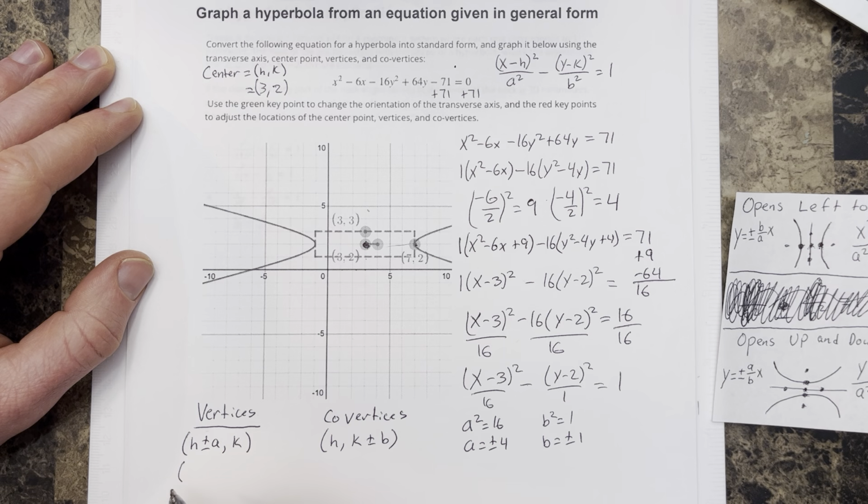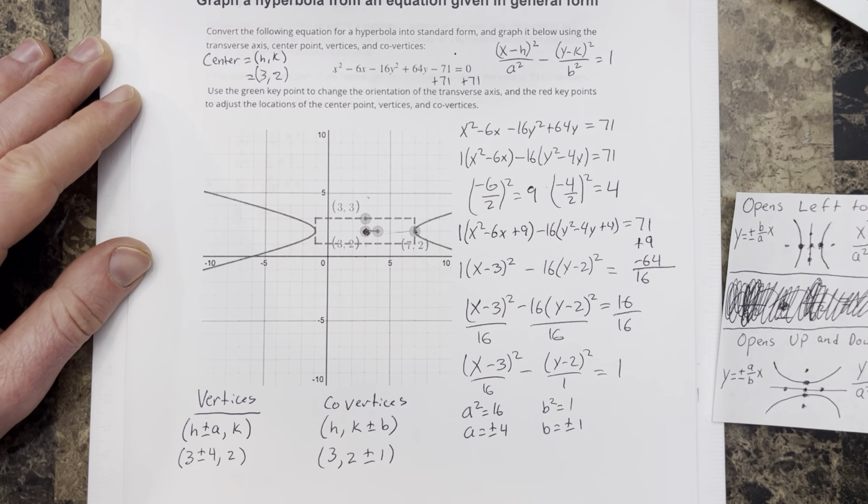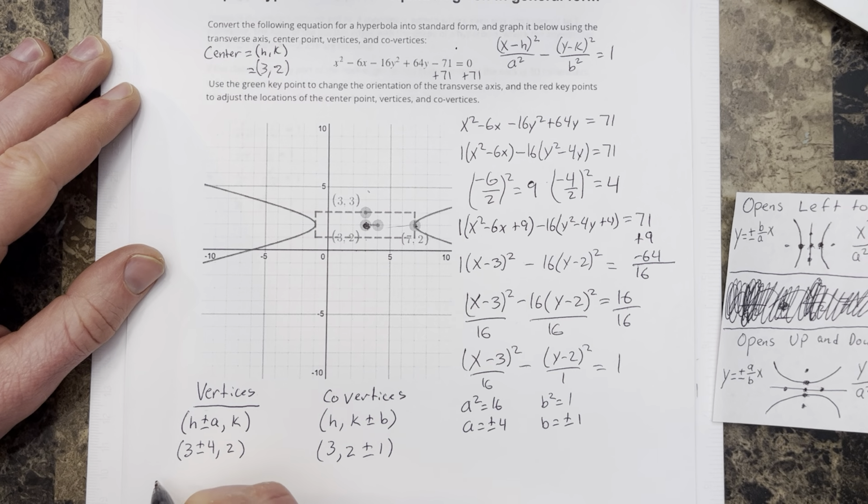So h, in our case, is 3, so we have 3 plus and minus 4, comma 2, and then 3, comma, 2 plus and minus 1. Let's write those coordinates. 3 plus 4 is 7, comma 2. And 3 minus 4 is negative 1, comma 2. And then 3, comma 2 plus 1 is 3. And then 3, comma 2 minus 1 is 1.